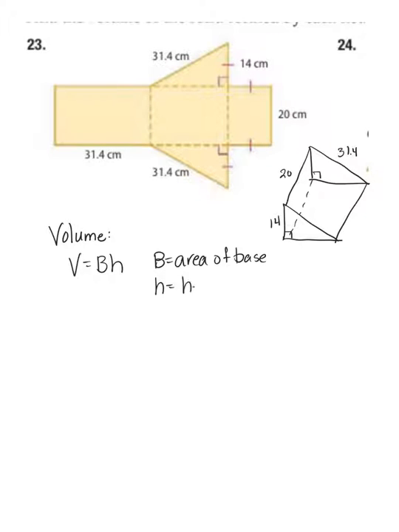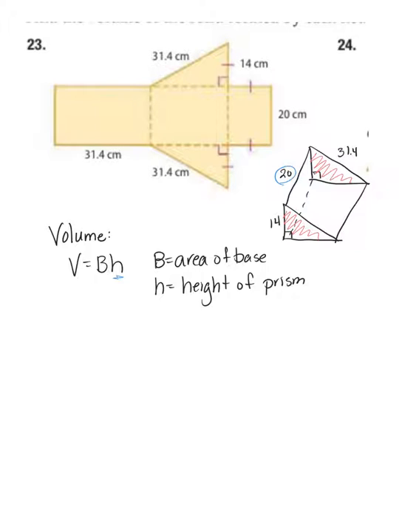H is the height of the prism itself. The bases in a prism have got to always be congruent, parallel bases. So our bases are these right triangles. And the height is the height of the prism. So that's going to be our 20.